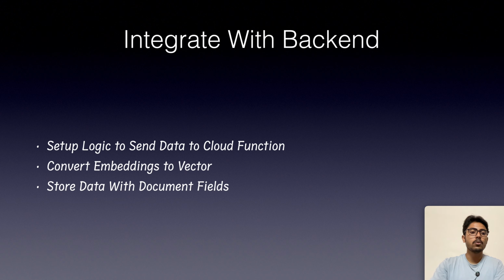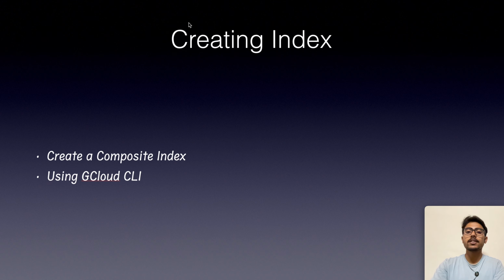Now what we need to do is, the next part of this is create index, right? So for creating the index, we need a composite index this time, right? If you are familiar with Firestore, you will know that there are single as well as composite indexes. So we will be using a composite index, and I'll show you how to create that using a gcloud CLI command.